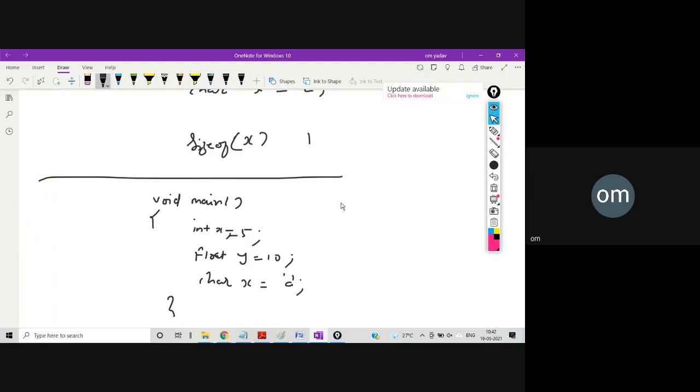So I can write like this: void main, int x is equal to 5 comma char, sorry.